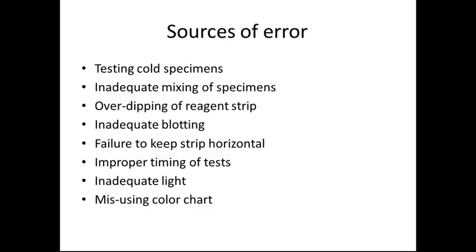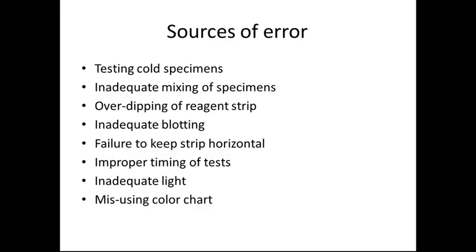Improper timing of tests. This is usually what happens, especially with students just starting this procedure: they try to write down the test results as they are reading them, and oftentimes there's not enough time to do that. So we highly recommend that you just note the abnormal ones when you are reading them, and then you know that everything else is normal.